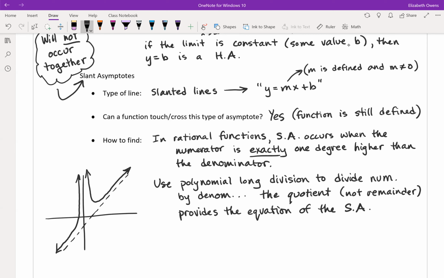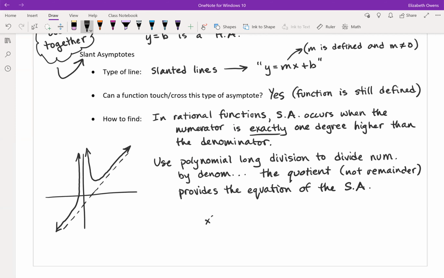Okay, and we will look at an example of that, but this is why you have to work with numerators that are exactly 1 degree higher than the denominator, because when you do that, just to make a very, very quick example here, like if you have x squared over x, okay, doing the division of those two functions would provide you with something that is x to the first degree. So this is making a linear function when you divide those polynomials.